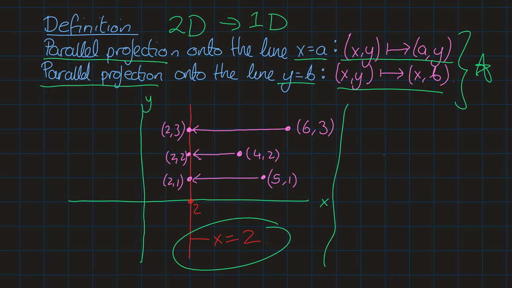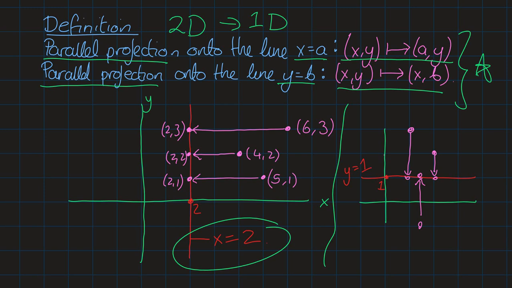I'm not going to do a whole new example, but it's very analogous to do parallel projection onto the line y equals something. If I quickly draw something else, and maybe this is the point 1, so this line is the line y equals 1, then the points just project downwards or upwards, depending on their relative position to the line.